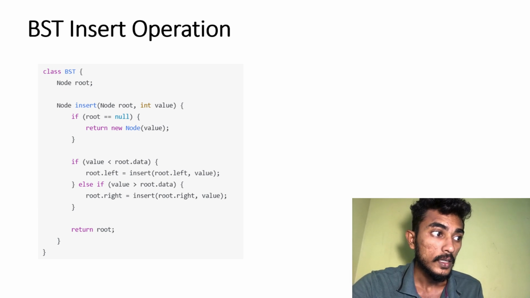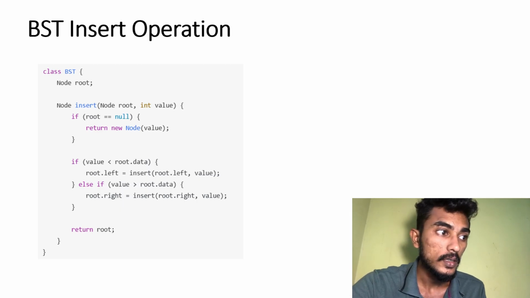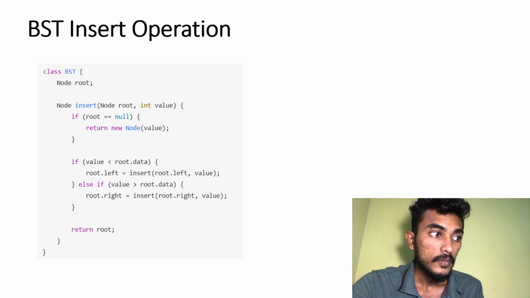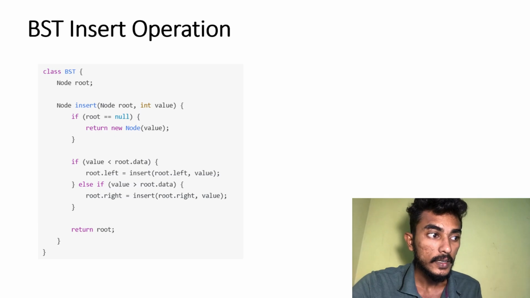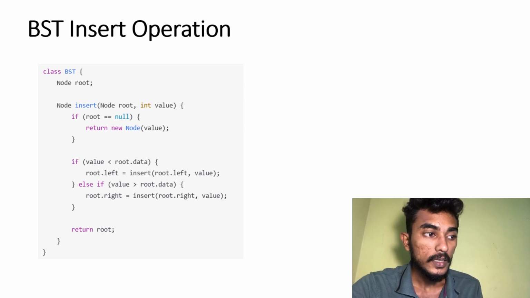After that, if the value is less than the root value, it is inserted on the left side of the root. In the else if part, you can see the value is greater than the root value, so the value is inserted on the right side.